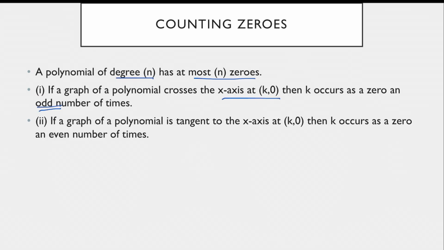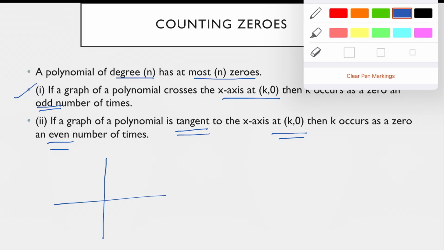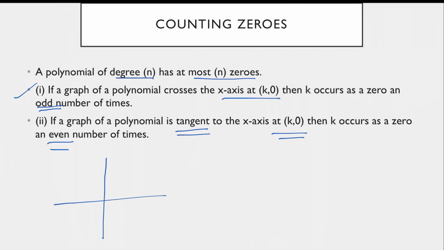And if a graph of a polynomial is tangent to the x-axis at (k, 0), then k occurs as a zero an even number of times. What the first point says is that if you have a graph here, and your graph, let's say, crosses the x-axis over here, this is a point (k, 0), then the zero k will occur an odd number of times.